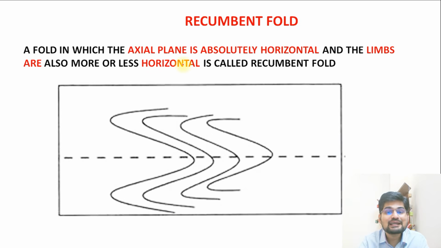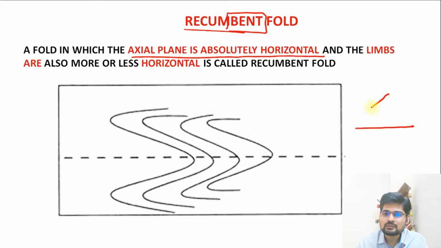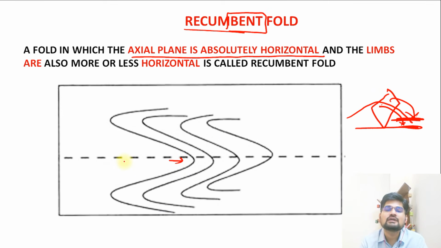Then we have recumbent. The word is bent, right? So recumbent is basically what? The fold in which the axial plane is absolutely horizontal. Now remember, when we learnt about the axial plane, it was supposed to be in 3D, right? When the axial plane completely bends down to become parallel to the horizontal, then this kind of fold is formed.